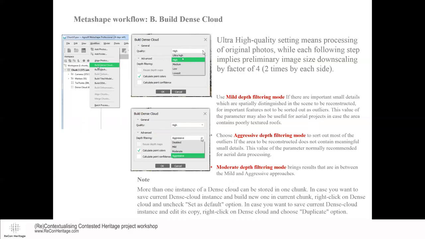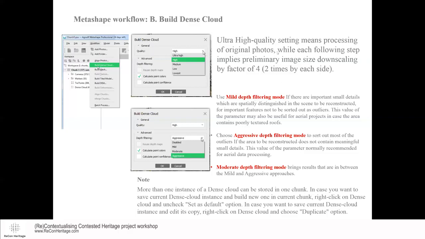In general, never start with ultra high. That will take a very long time to process and may not give you the results you want. I always start with either medium, or sometimes high if I haven't got that many photos, or I'm very confident of how good quality the photos are, for instance from collecting a scene that I've done before.